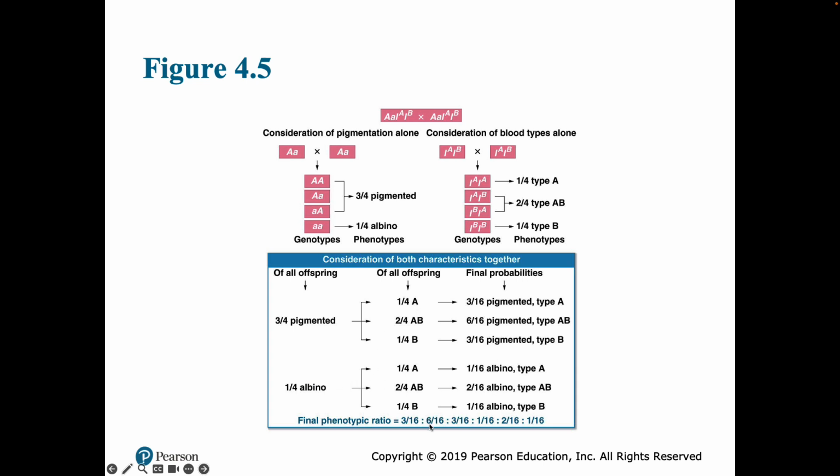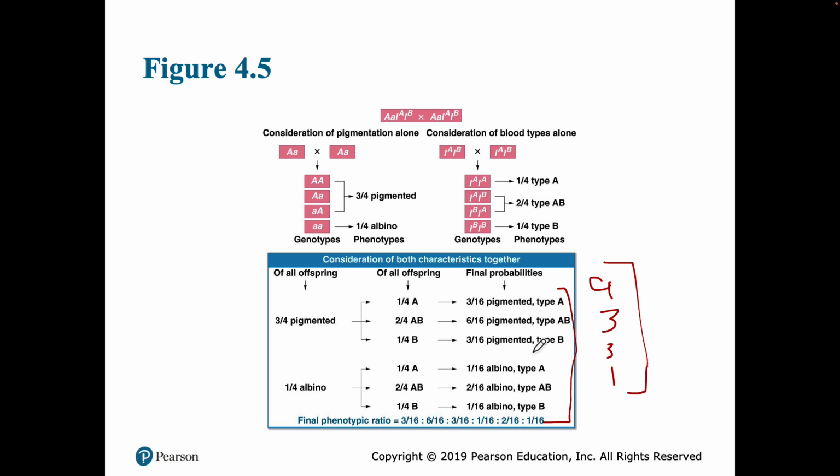So even though we're doing a dihybrid cross with two heterozygotes, instead of that 9:3:3:1 ratio that we're familiar with, we're actually getting 6 different phenotypes. So instead of 4 phenotypes, we get 6, and they are in a completely different ratio.